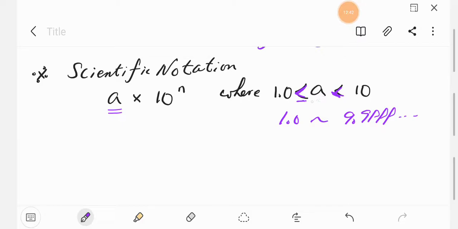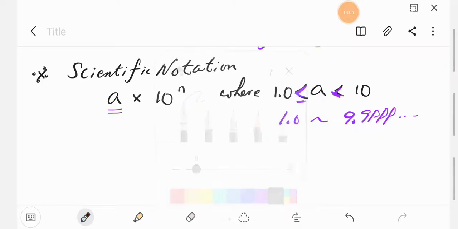So that is the value of a. The first digit is the first non-zero digit, the ones digit is non-zero, and then the decimal point and so on. So that's scientific notation.